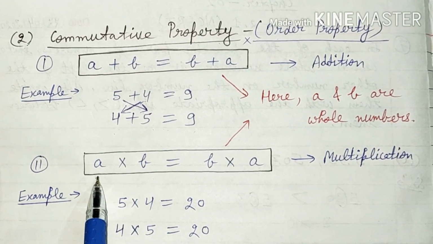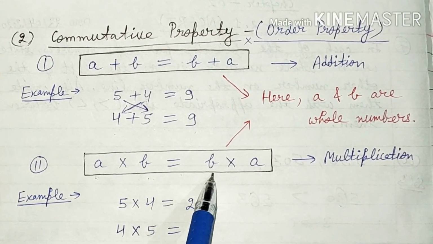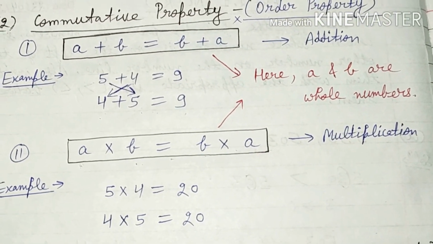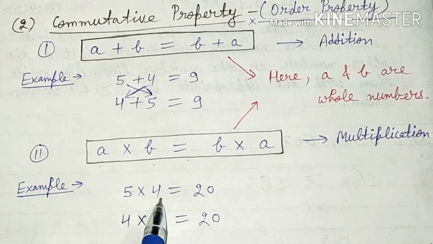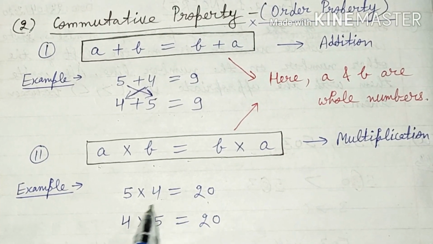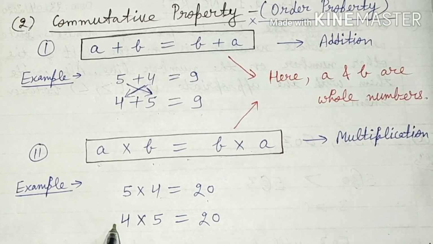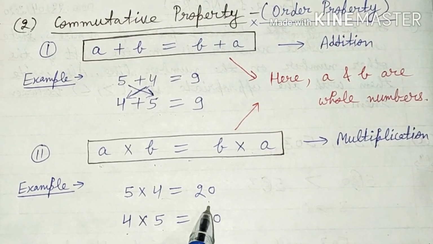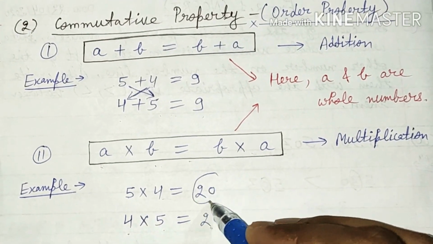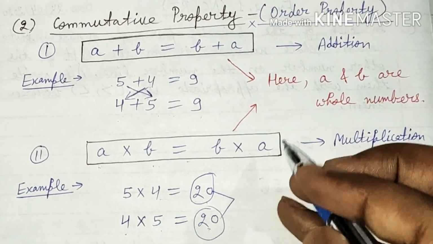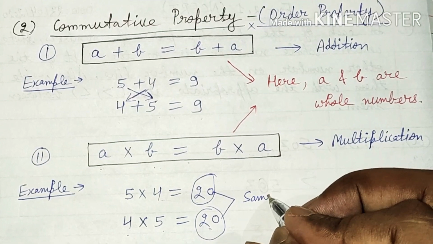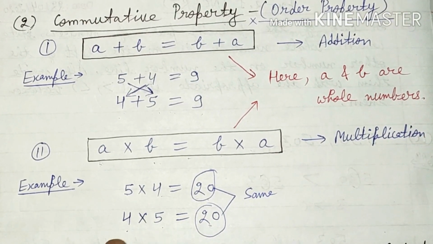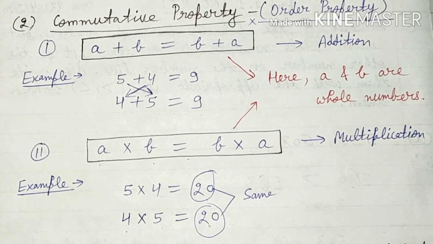So the expression is A into B is equal to B into A. Example, 5 into 4 will be 20, and when we change the order of the numbers, 4 into 5 will be equal to 20. Both these numbers are the same, meaning we will get the same result irrespective of the order of the numbers.